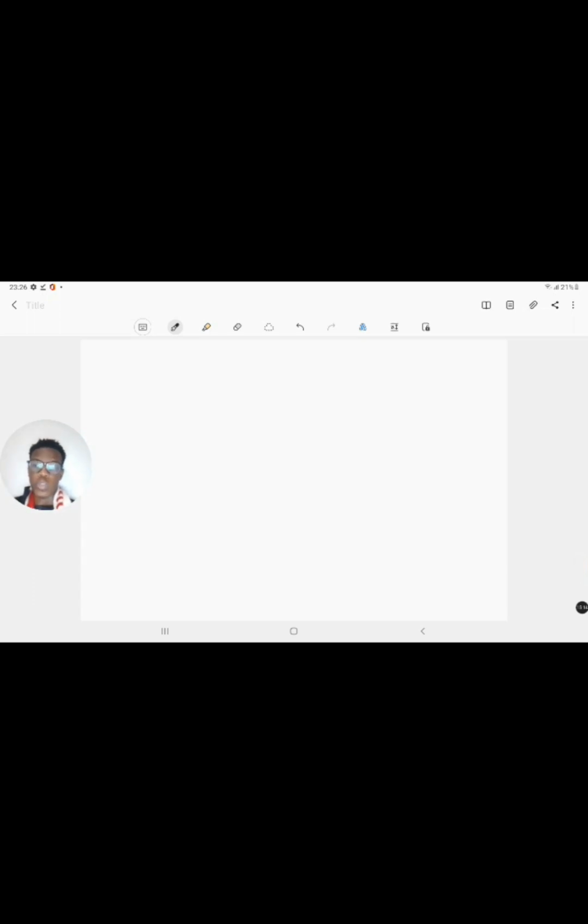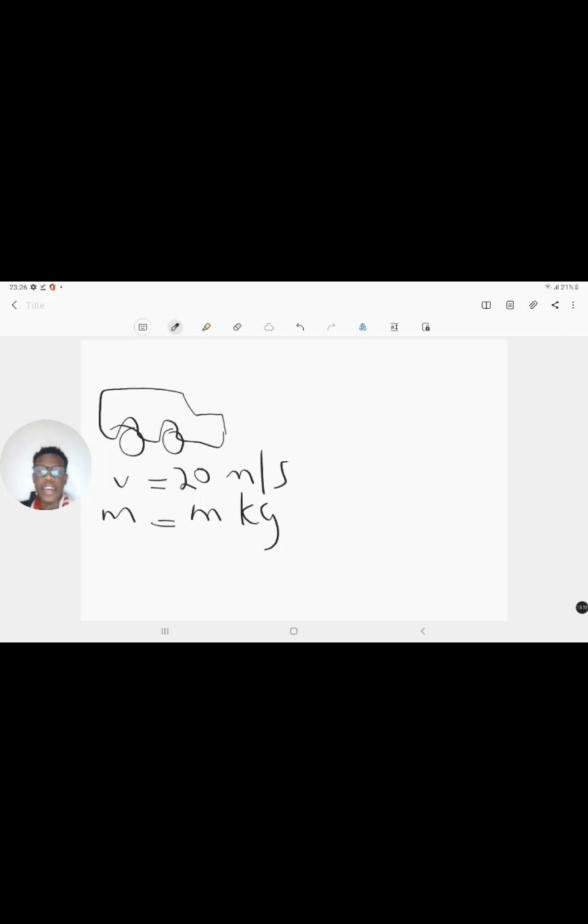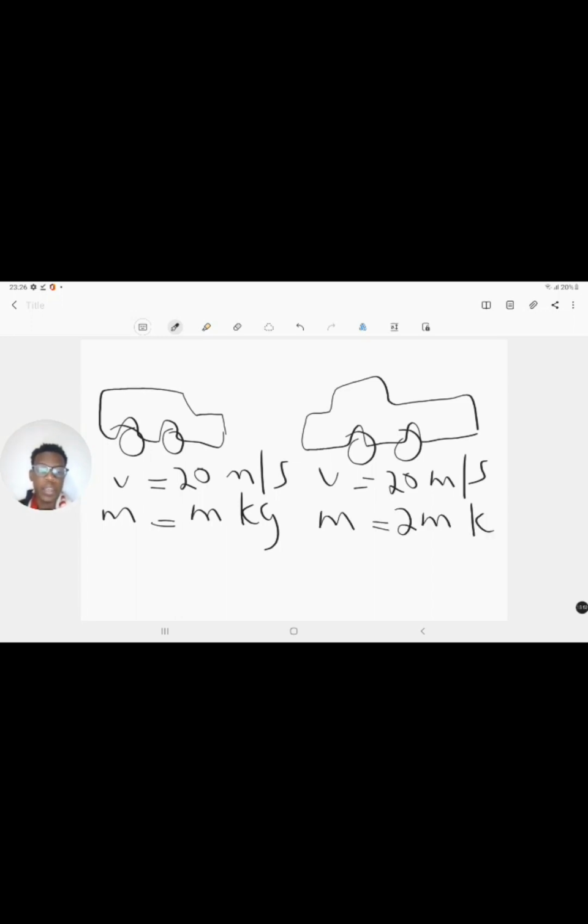Okay, so just to recap, we know that we've got a car. I'm just gonna write down the data that I have for the car. The car has a velocity of 20 meters per second, and it has a mass of m kilograms. Okay, and the truck has a velocity of 20 meters per second and a mass of, if I remember correctly, 2m kilograms.